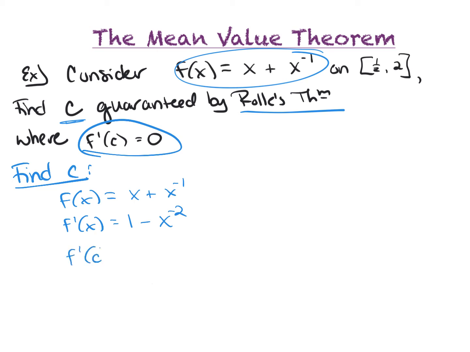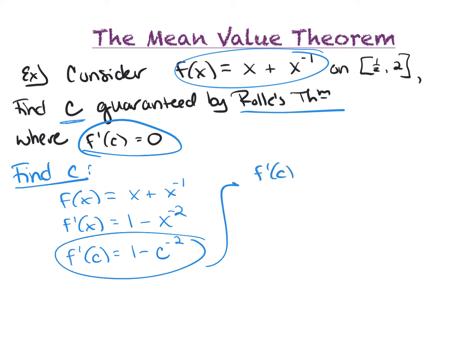F prime of c is simply 1 minus c to the negative 2. And when we set that equal to 0, f prime of c equals 0, we have 1 minus c to the negative 2 equals 0. And all we need to do now is solve for c. Okay, let's go through and do that.